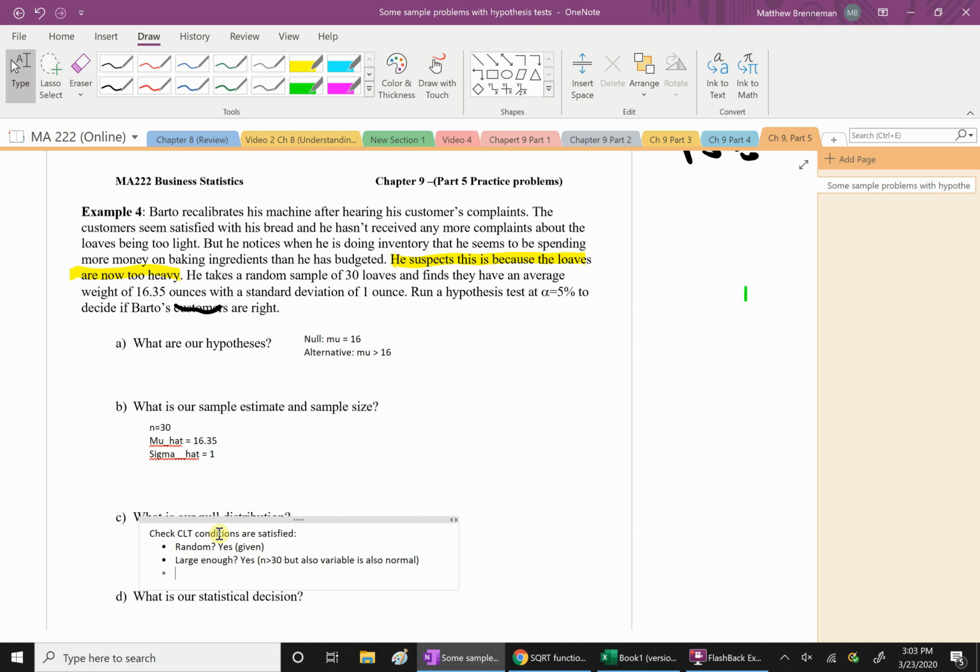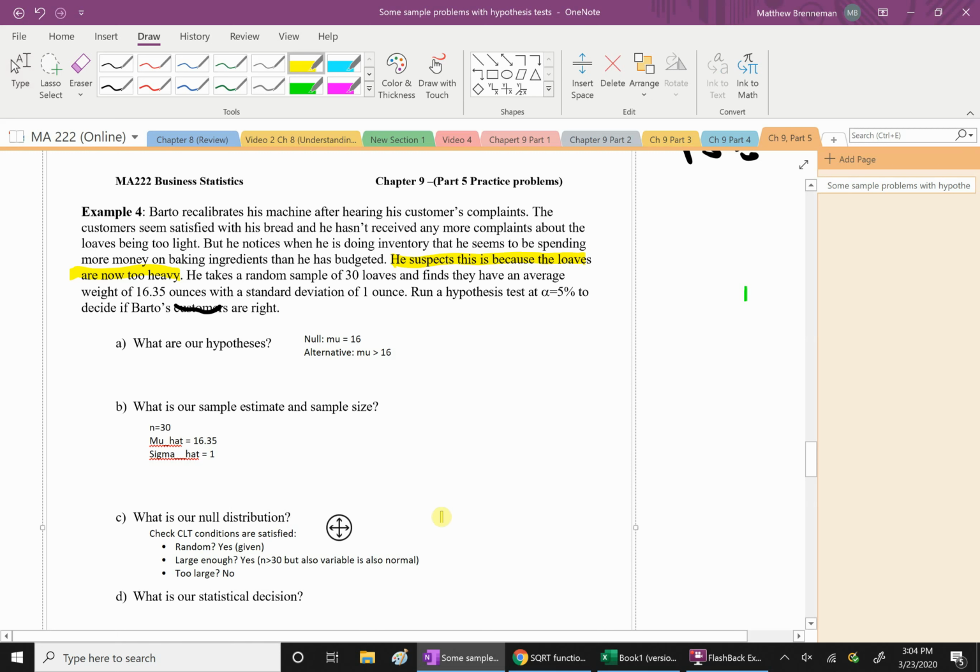And finally, is it too large? And again, we're going to say no, because that would imply that Bardo would only make 300 loaves. That doesn't seem reasonable.